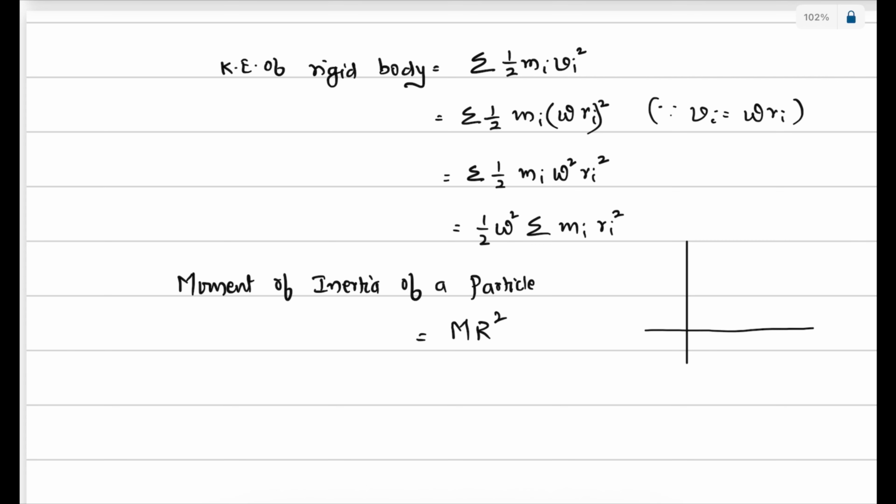Think about the vector: this is the particle P, this is R. This is equal to m r square, capital R square or small r square, whatever you want to write. Now, this m_i r_i square is the moment of inertia of each individual particle.